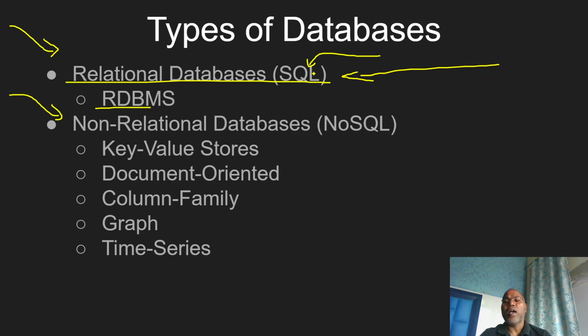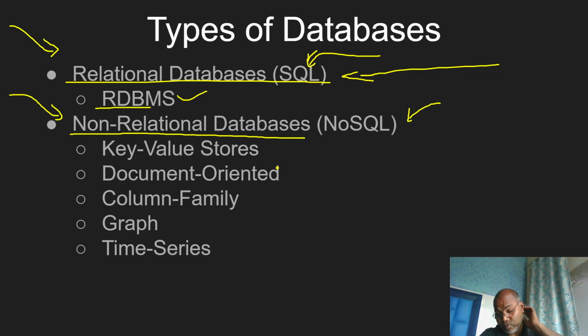And a couple of decades later, nowadays with the advancement of technology and the huge volume of data we are generating, we are going to use non-relational databases as well. So sometimes a SQL database and sometimes a NoSQL database.